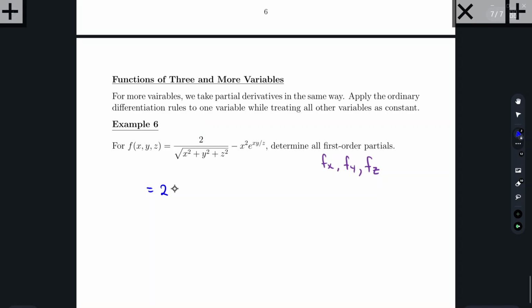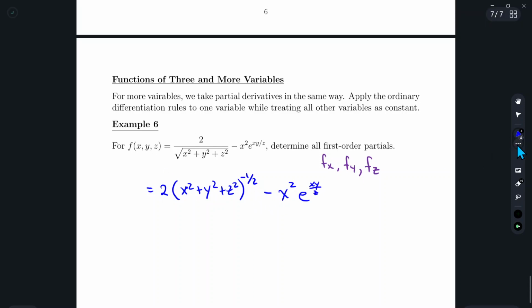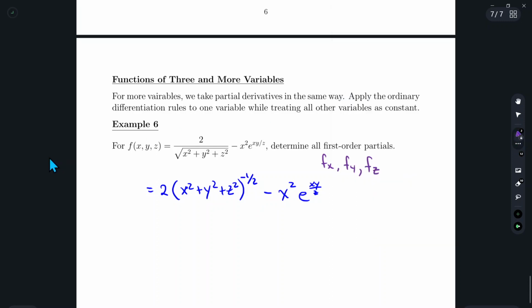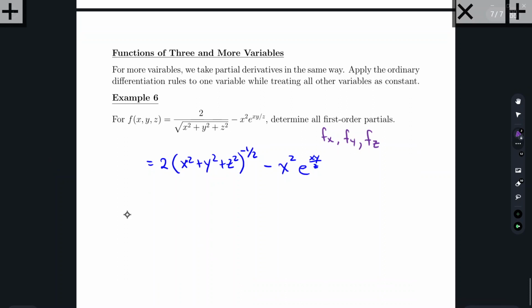So this is 2, and then in parentheses you have x squared plus y squared plus z squared, and again, the square root is in the denominator, so I think of it as the minus 1/2 power. And then this term, minus x squared e to the xy over z. Okay, so let me rewrite it like that. And then now we can try to find the partial derivatives.